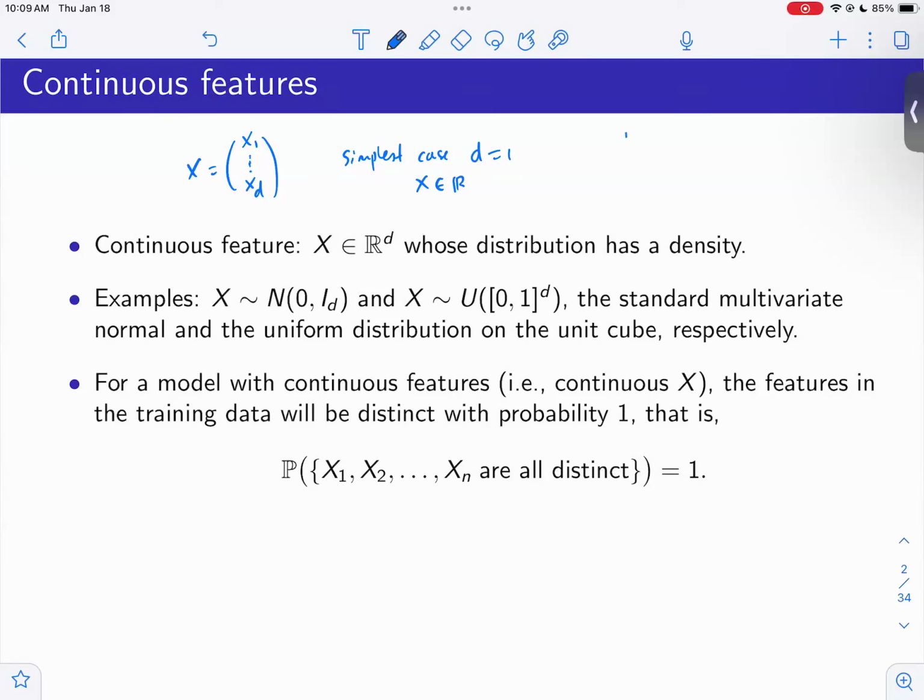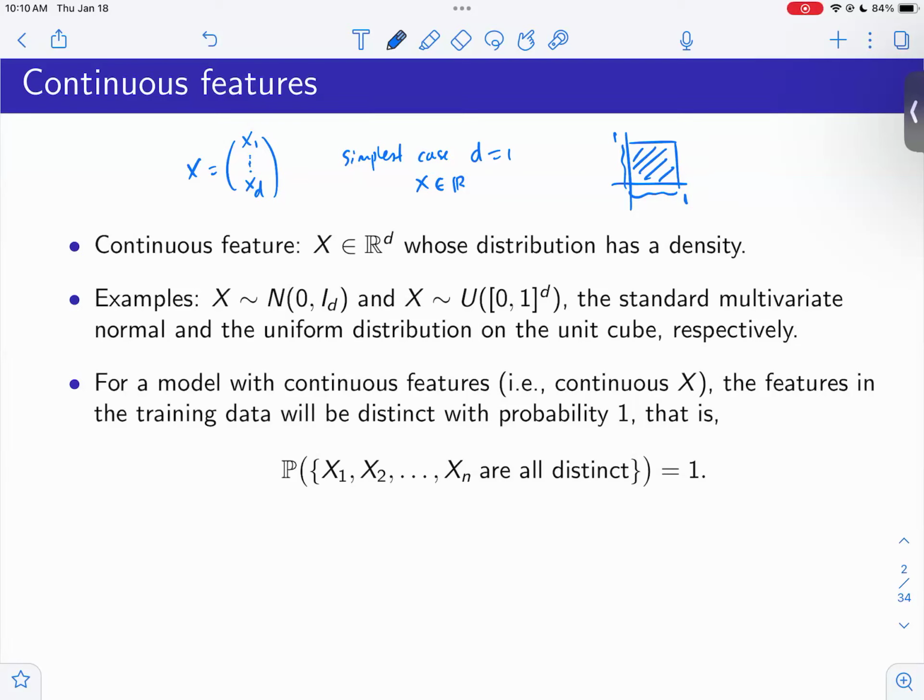In 2 dimensions, it's just the square in R^2. The coordinates are independent and uniformly distributed from 0 to 1, or like a normal distribution, but more generally the coordinates can also be correlated. This is a very simple idea.